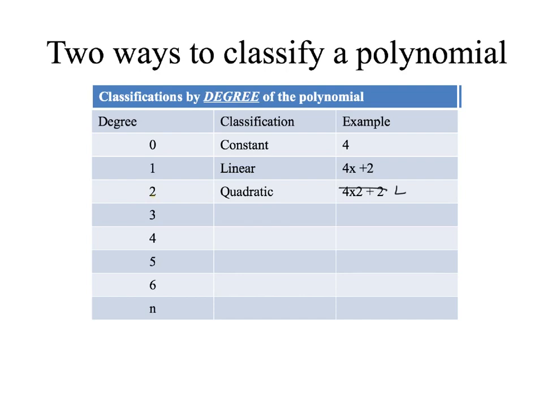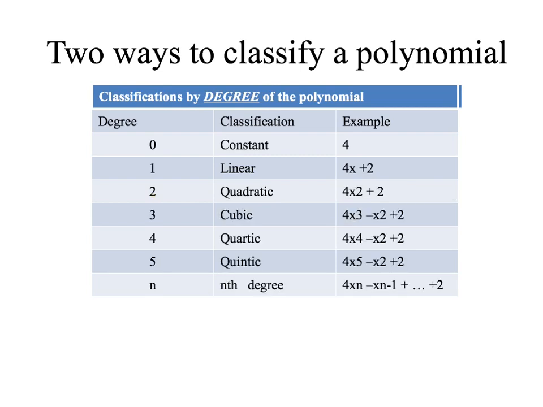So write your example like 4x squared plus 2. And then we're going to rewrite all of these. 4x squared plus 2, the highest exponent is a 2, so it's quadratic. For cubic, the highest exponent is a 3: 4x to the third minus x squared plus 2.